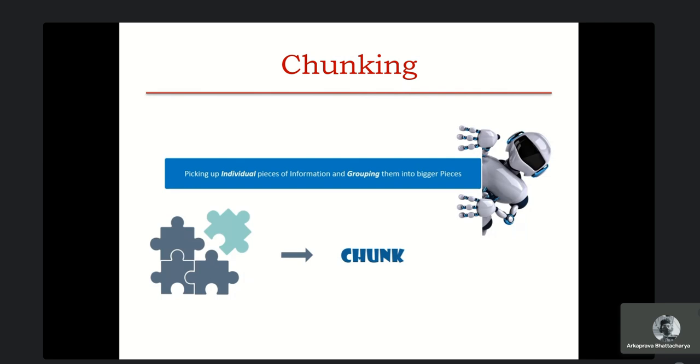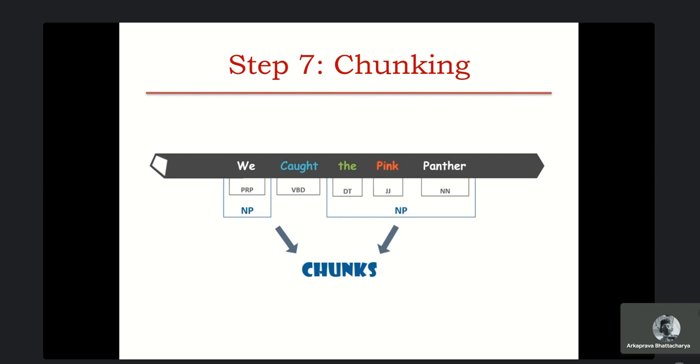Next one is chunking. Chunking plays a very important role. You take the part of the text which you want to analyze, then you can perform chunking. Suppose there is some comparison going on between two products, let's say I say Nokia is better than Samsung.